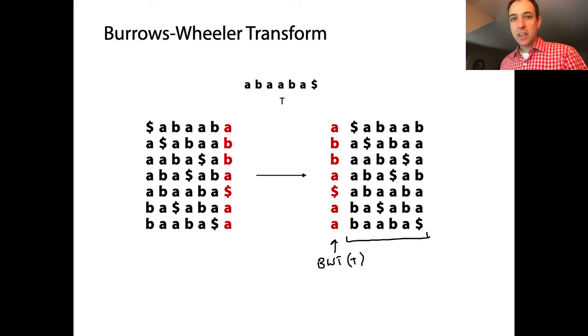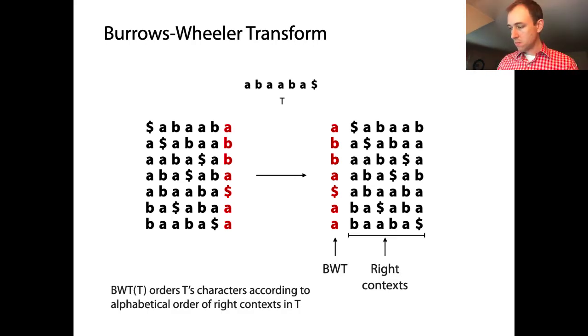You get the idea. For each character here in the Burrows-Wheeler transform, the row of the rest of the Burrows-Wheeler matrix, which I'm showing to the right now, is its right context, rotational context with respect to the original string T. So what did the Burrows-Wheeler transform do? It took the characters of the string T with the $ sign and permuted them in such a way as to put them in order according to their right context.